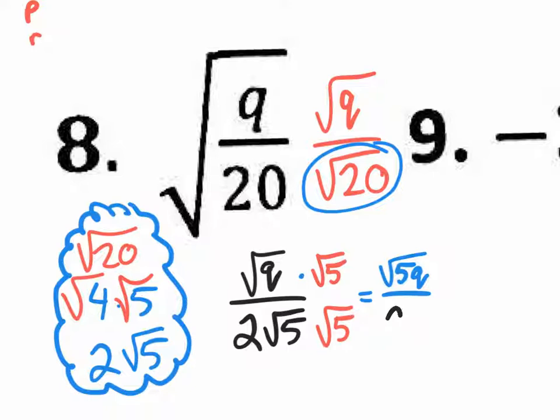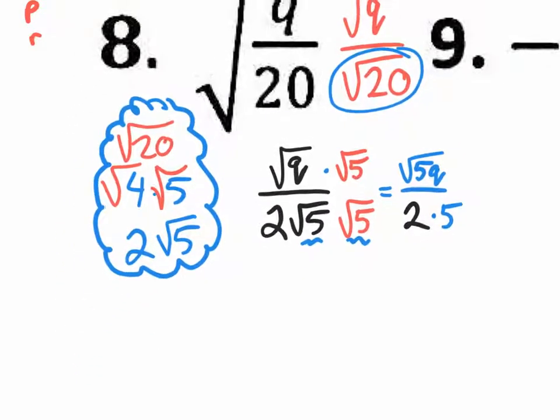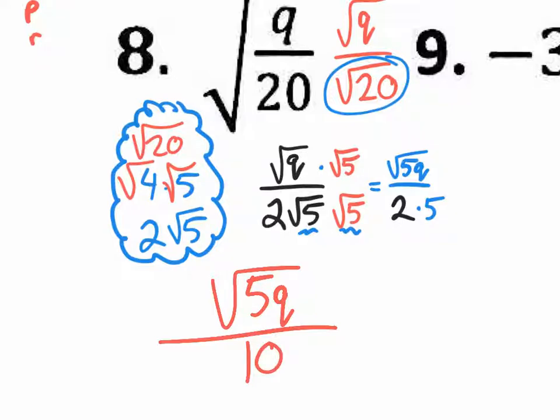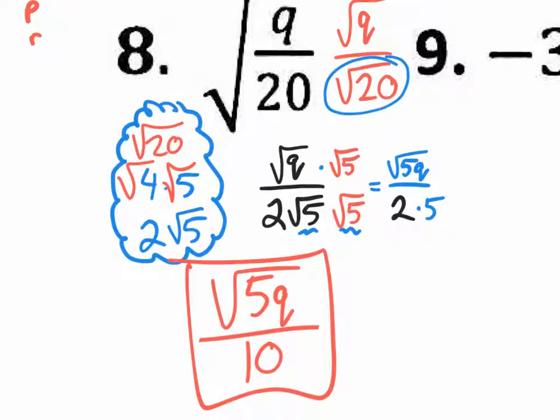So we have the 2 that was out there, and we have this guy and this guy, which become one single 5, no more square root. So our final answer to number 8 will be the square root of 5q over 10. The square root of 5q over 10. That's number 8.